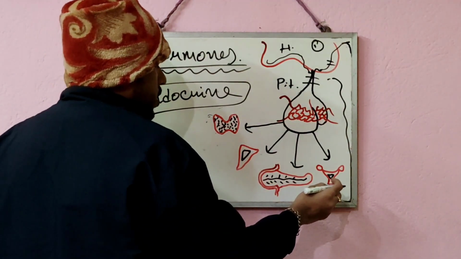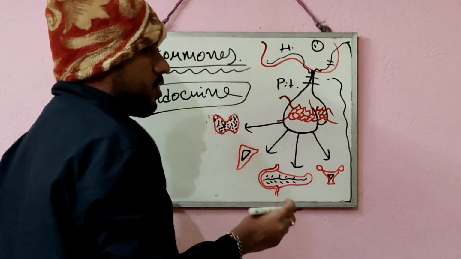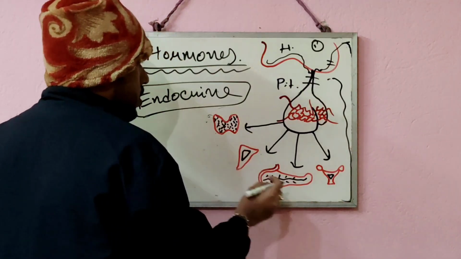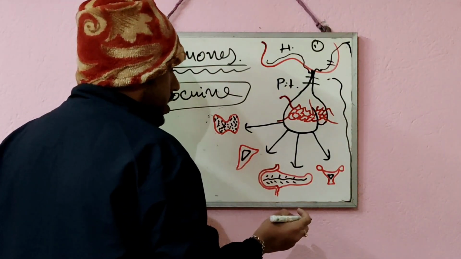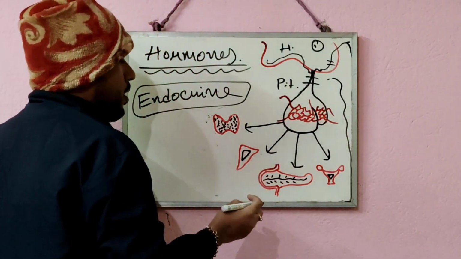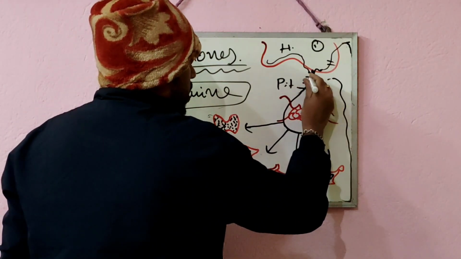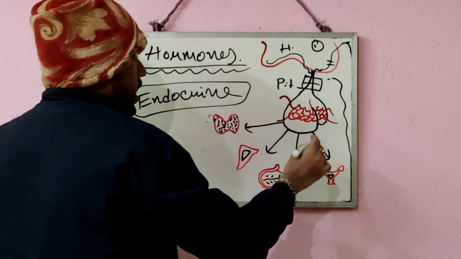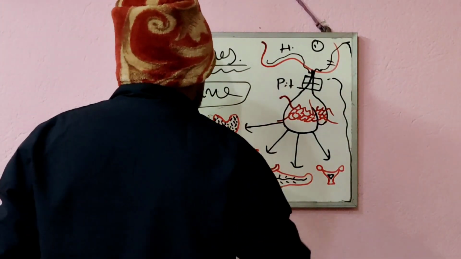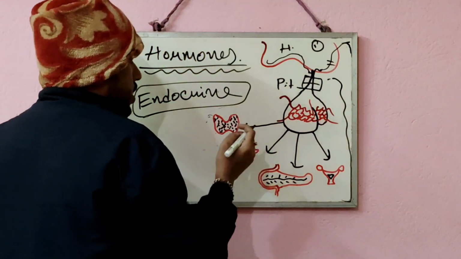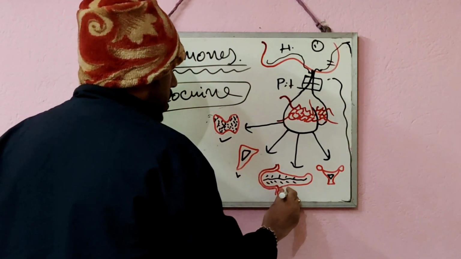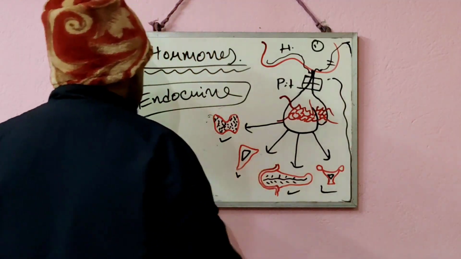The action of all the endocrine organs, their secreted hormones, and the amount of hormone secretion are also dependent upon this main endocrine gland, the pituitary gland. That's why it is called the master gland. The pituitary gland generally controls the secretion of other hormones from other endocrine organs or glands.